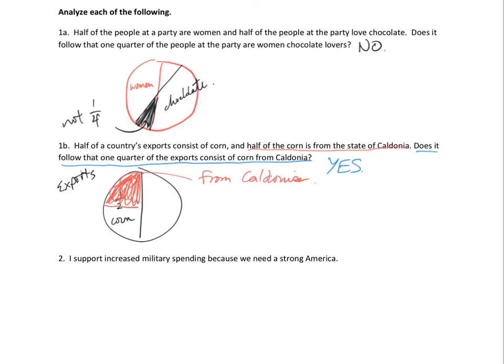Here, increased military spending just means we have a better military. That doesn't necessarily improve the country's morale or make America stronger. It just means we have a better military.